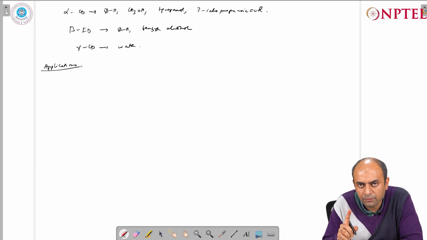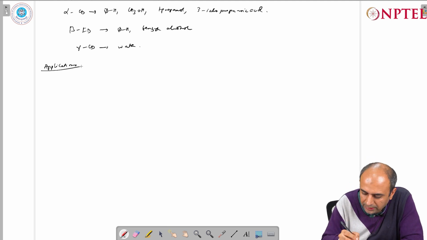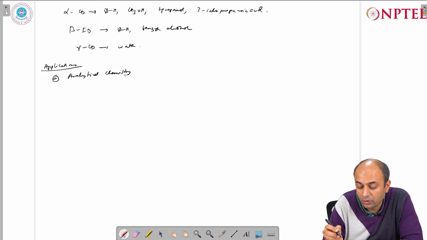So, one application I have told you is in the drug industry, that it is very relevant. For example, in analytical chemistry, as I told you, these cyclodextrins are chiral compounds. Therefore, they can be used for making chiral columns which can be used for separation of organic molecules. That is one application.